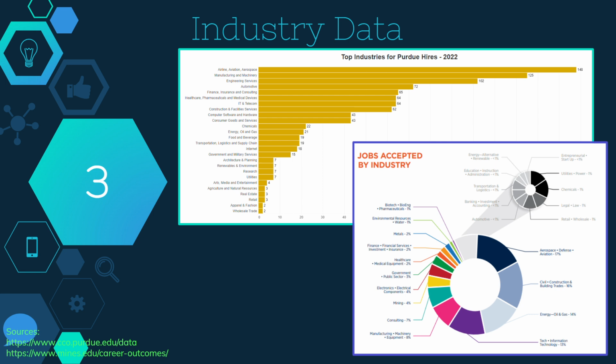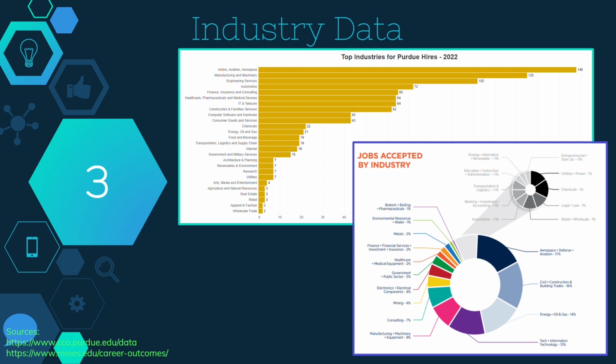So I'll just pick on Colorado School of Mines, biotech, bioengineering, and pharmaceuticals is very small, 1% of the population, where if you look at Purdue, it is the 6th one down, healthcare, pharmaceuticals, and medical devices. Purdue has a lot of relationships with those kind of companies. Eli Lilly hires a lot from Purdue, and so you're going to have a much easier time getting into that industry if that's what you're pursuing and what your long-term career goals are.